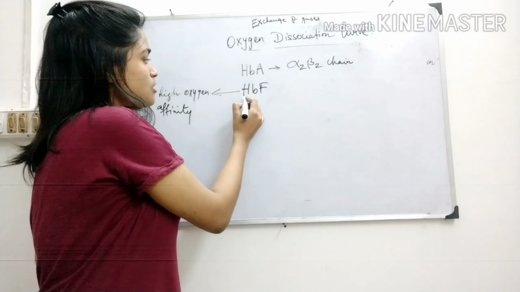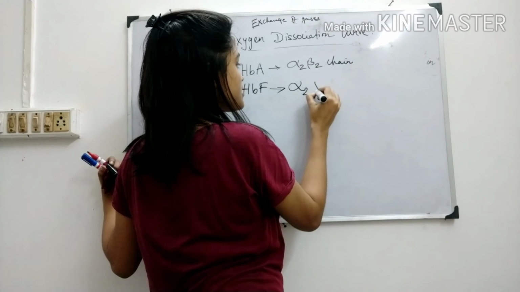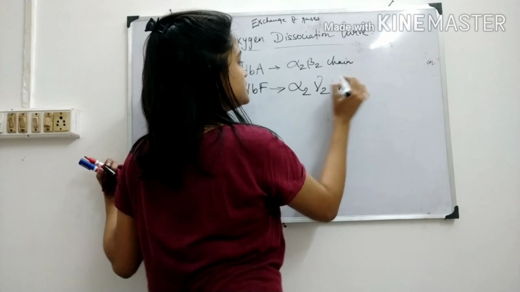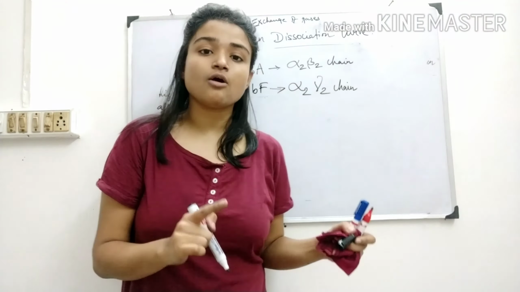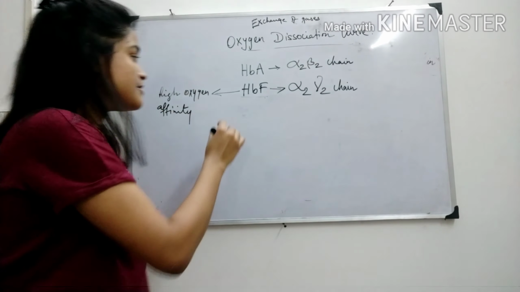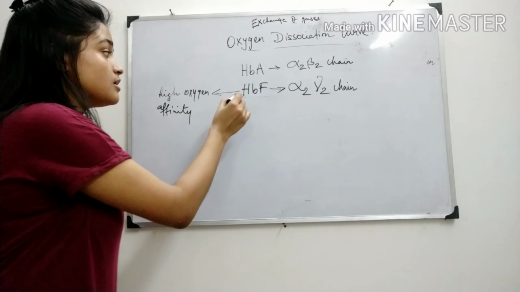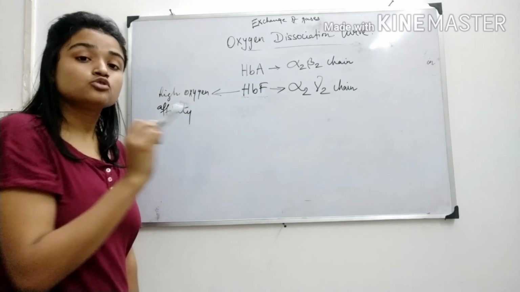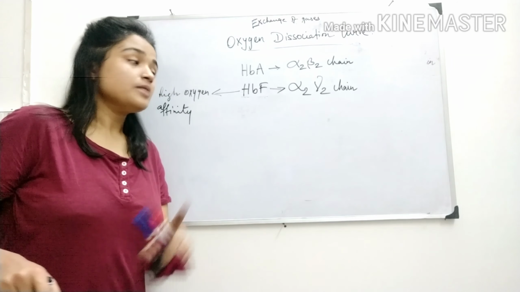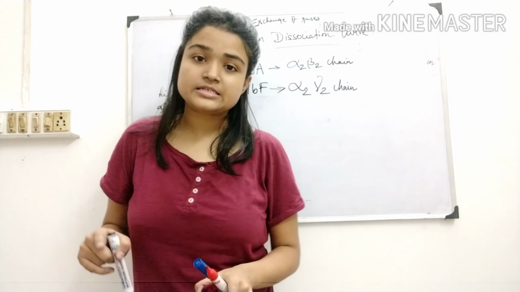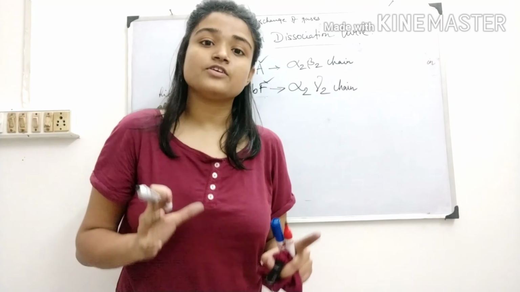Fetal hemoglobin is made up of alpha 2 gamma 2 chains. Remember this. It has very high oxygen affinity, so the maternal oxygen can be easily transferred to the fetus. It has very low affinity towards binding with 2,3-BPG, so it can bind to oxygen more tightly. But if you strip off 2,3-BPG from both HbA and HbF, they both have the same affinity towards oxygen.